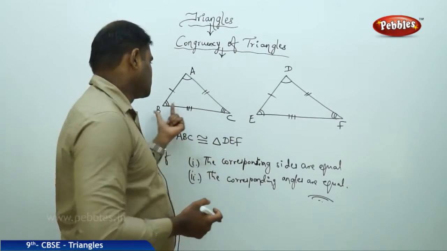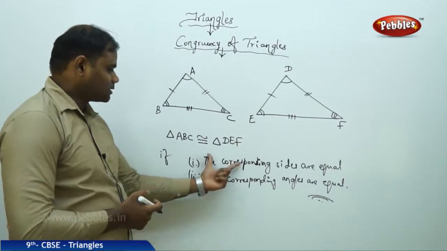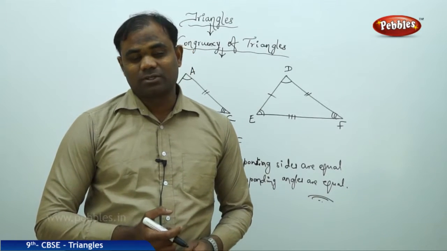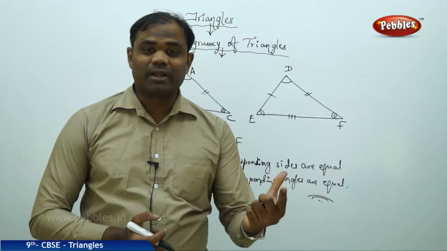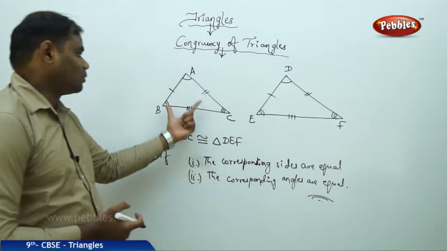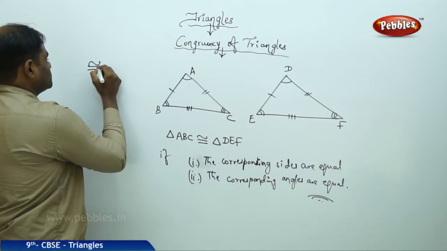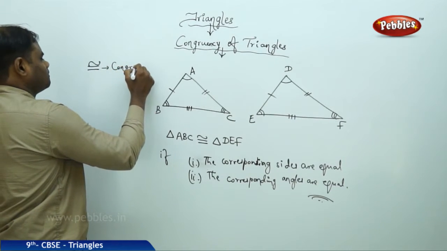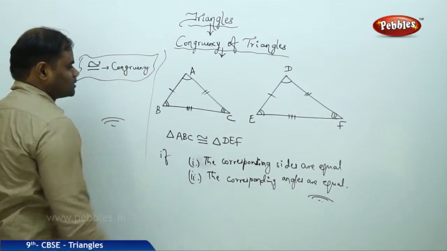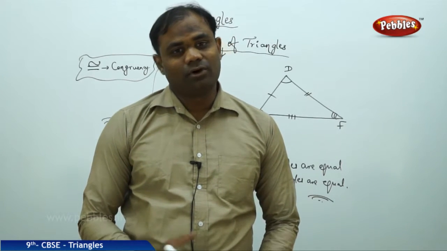So the two triangles are congruent under these two conditions. Congruency of two triangles is based on the corresponding sides being equal and the corresponding angles being equal. Congruency defined through the symbol is how we understand the congruency of triangles.